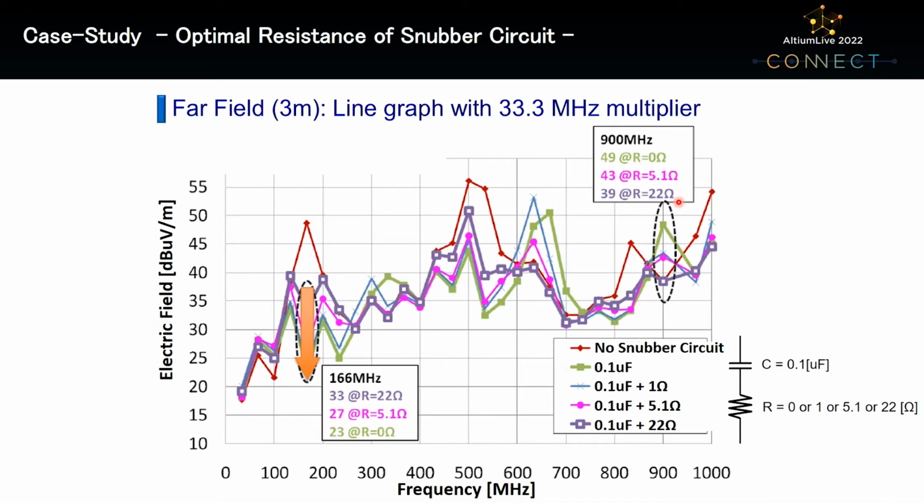For example, at 166 MHz, the lower the resistance, the less radiation noise. On the other hand, at 900 MHz, the lower the resistance, the higher the radiation. In this case, it is required to determine the resistance value according to the specific frequency to suppress.